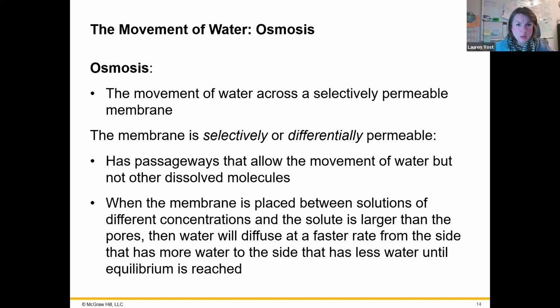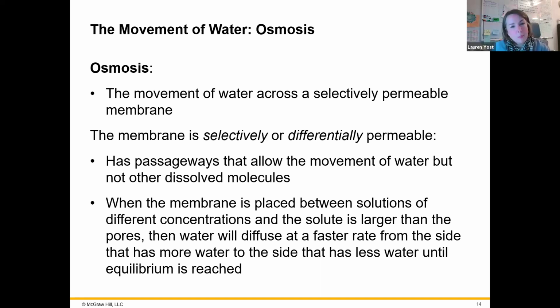But water can cross. So this is really important because now whenever we put cells into solutions that may have stuff dissolved in them, solutes dissolved in water, which is the solvent of life, if only water can move and we can't move the other molecules, that can basically control what's happening inside of the cell.